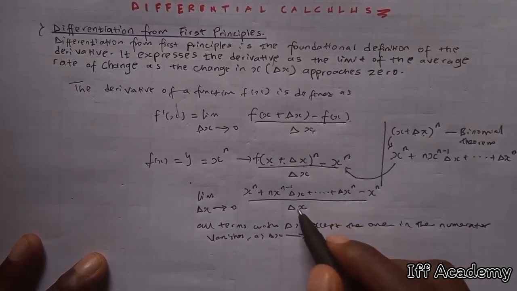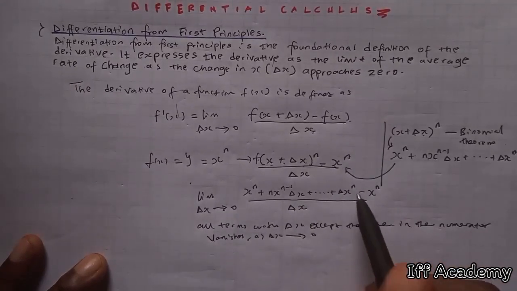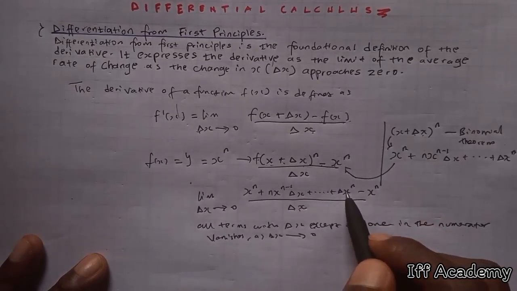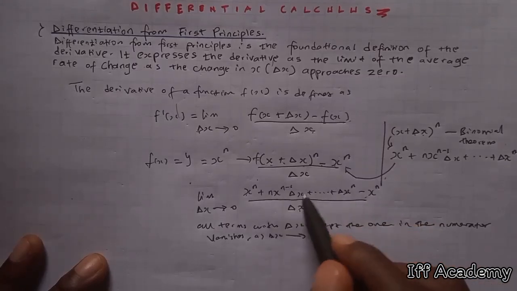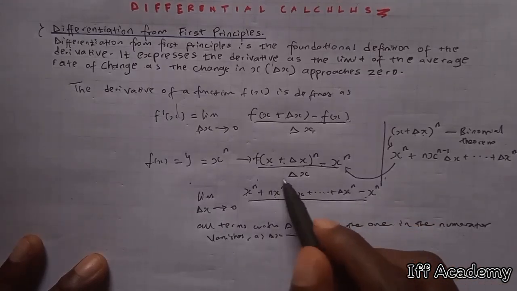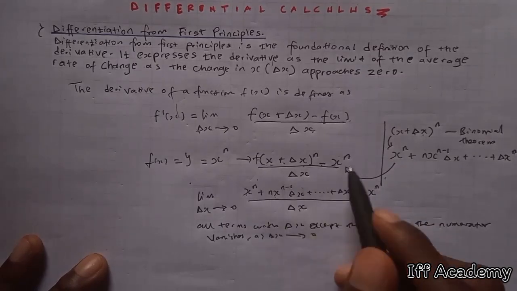So all these terms vanish, and x to the n minus x to the n is 0. So this is the only exception. This term has change in x, so it is the only exception. The rest of the terms vanish.